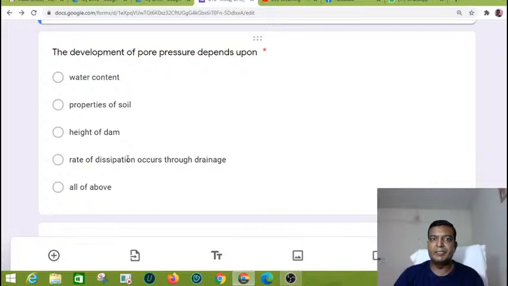Development of pore pressure depends upon: water content, property of soil, height of dam, rate of dissipation that occurs through drainage.